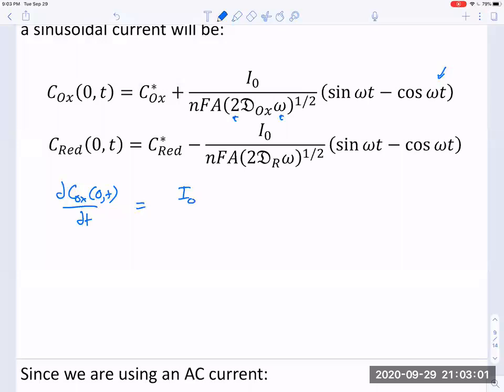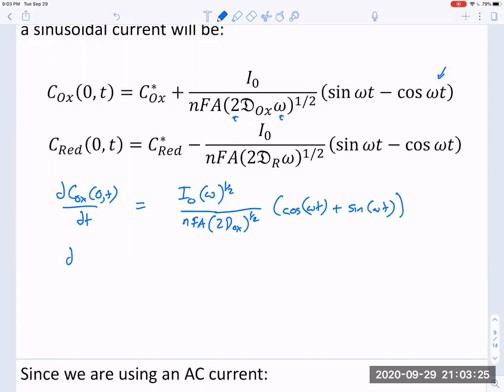The constant is going away because it's constant with time. Omega to the 1/2 over NFA, 2 D_ox to the 1/2, times cosine omega t plus sine omega t.